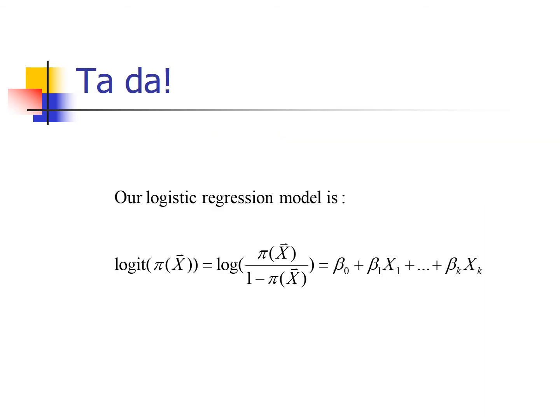So, ta-da! Voila! Third time's a charm. Our logistic regression model is this thing right here. It looks a little crazy at first blush. It's the log of pi over 1 minus pi. So it's the log of the odds.